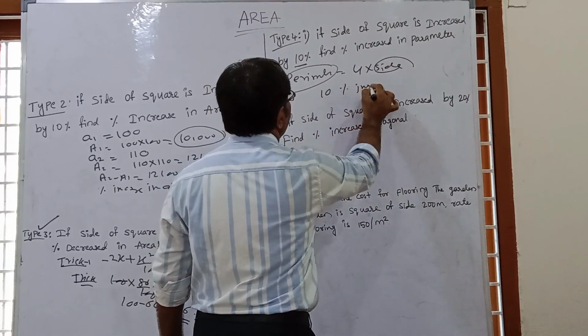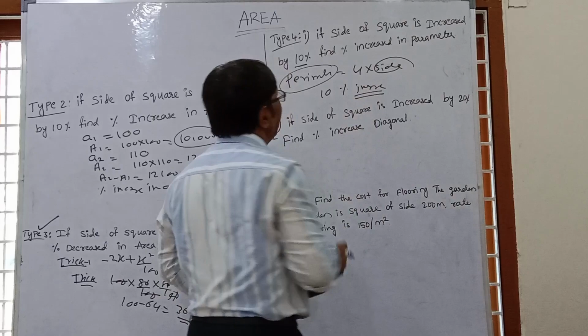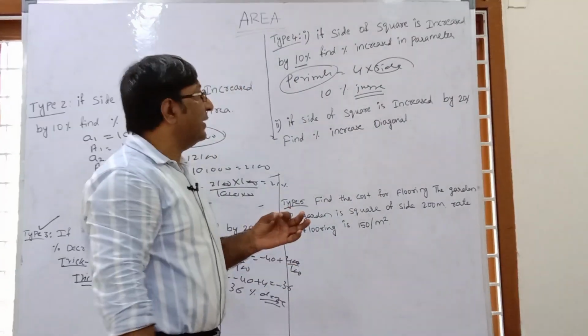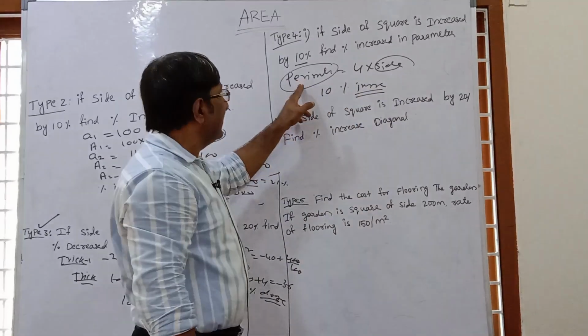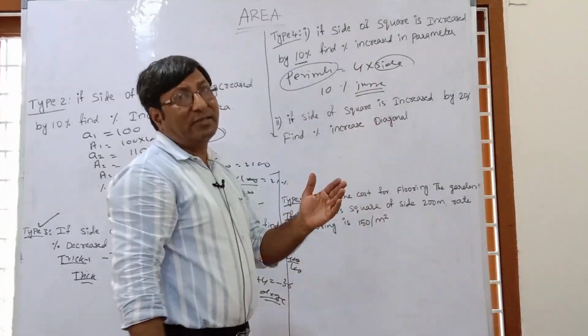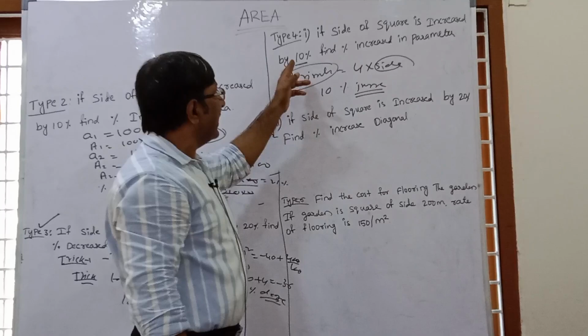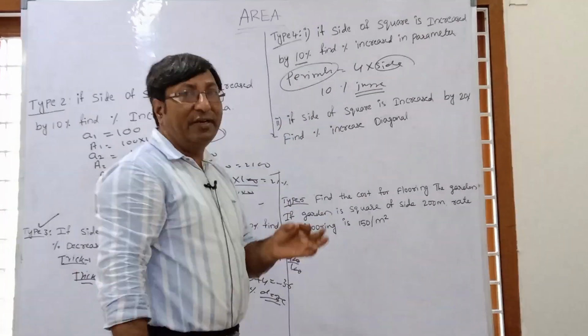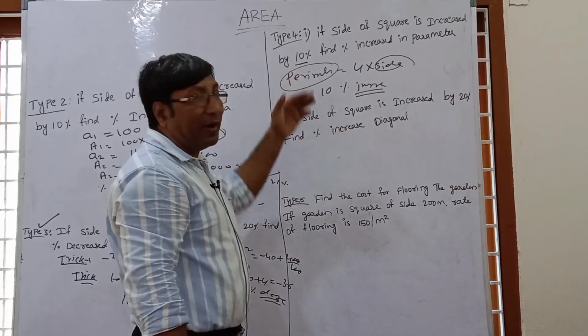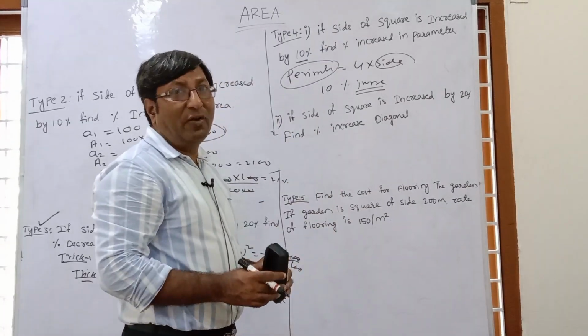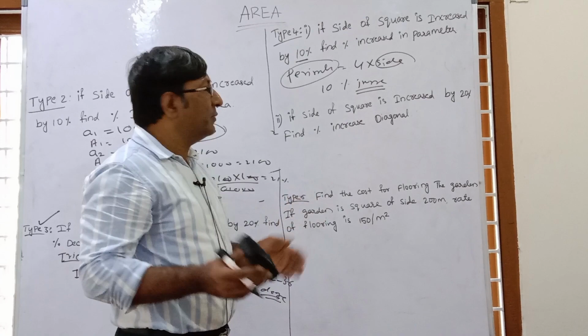This is the correct answer. You can find the answer only by the basic concept, that perimeter is 4 into side and perimeter is directly proportional to the side. In the same way, if the side decreases by 10%, the perimeter will also decrease by 10%.